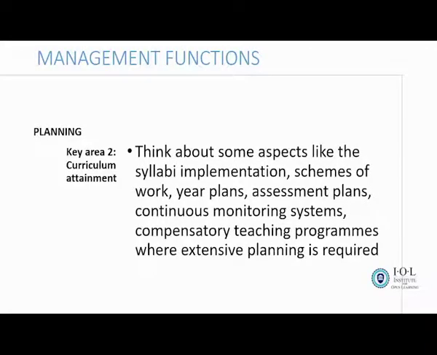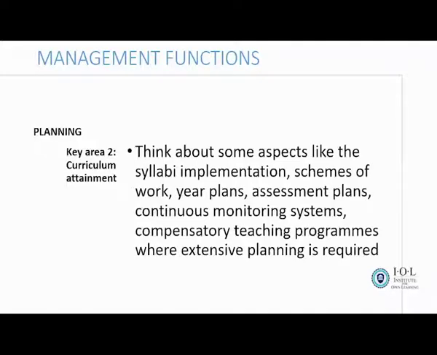Think about some aspects like the syllabi implementation. If you don't break down your syllabi in schemes of work, you will not be able to complete your curriculum in time. Think about the year plans that we put in place.